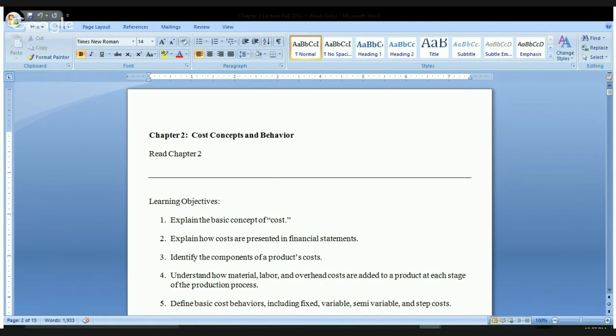Now, if you want to see the T account part of this, basically you debit raw materials for the beginning balance, what's in there. You'll debit it for any purchases. Basically, you'll have a credit to raw materials for any of the items that you put in work in process. So when you do that journal entry, the debit side is going to be work in process inventory. So here you have the beginning inventory, you add in any direct materials, and then you add in the direct labor.